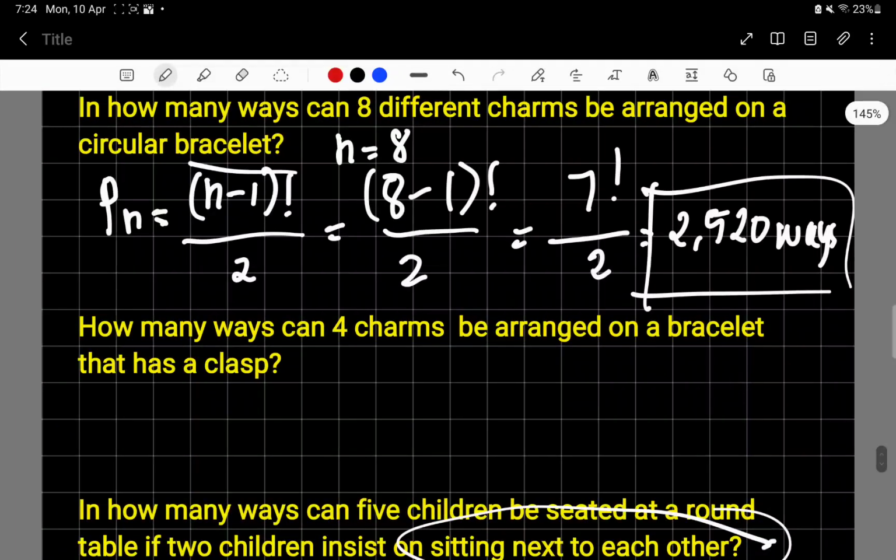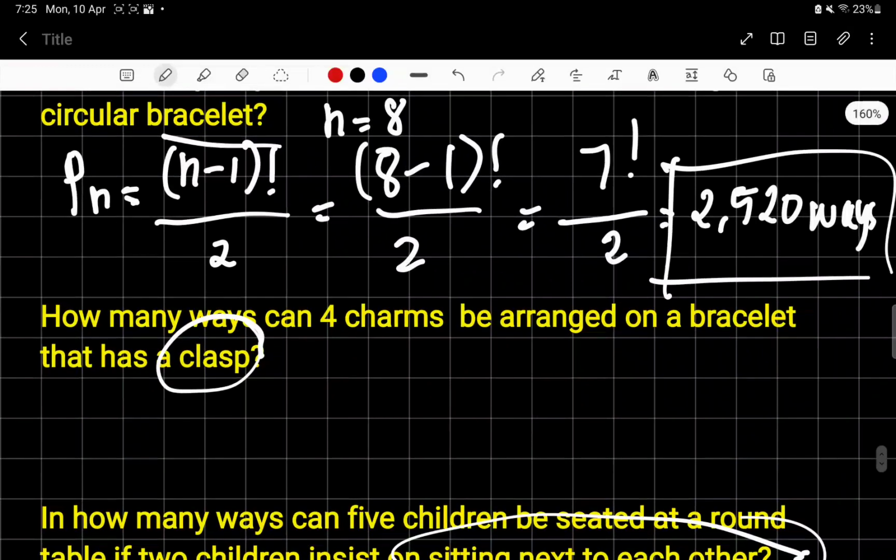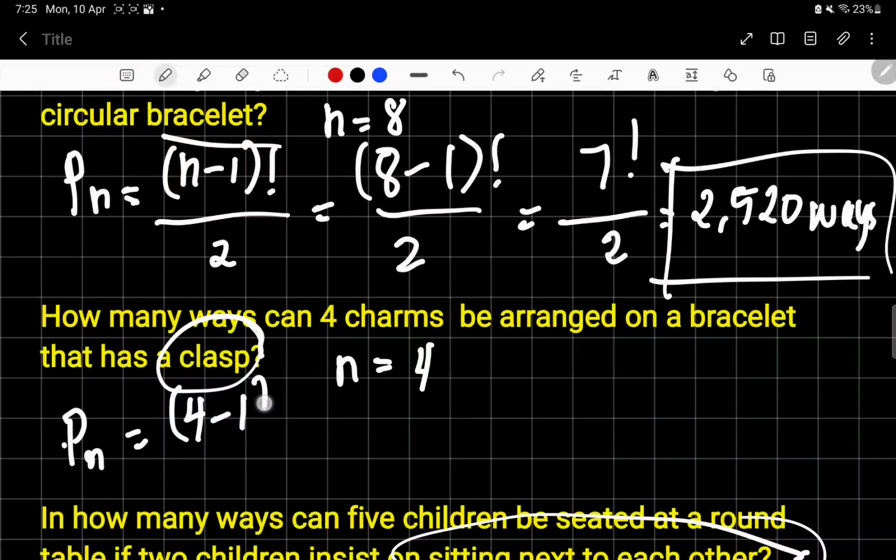Okay, next, how many ways can 4 charms be arranged on a bracelet that has a clasp? When we say clasp, that is the lock of our bracelet. So, our n here will be equal to 4, and applying the bracelet permutation, that is 4 minus 1 factorial over 2, and 4 minus 1 is 3.